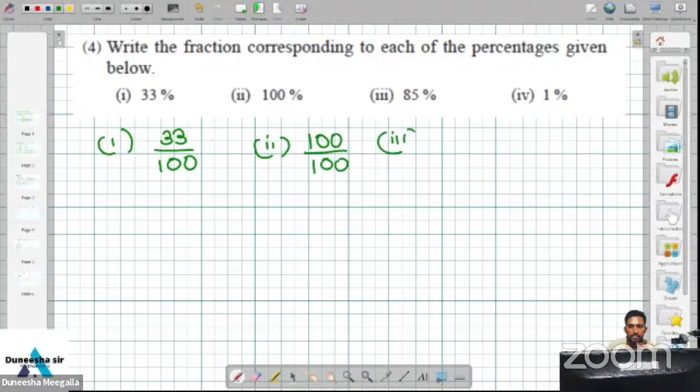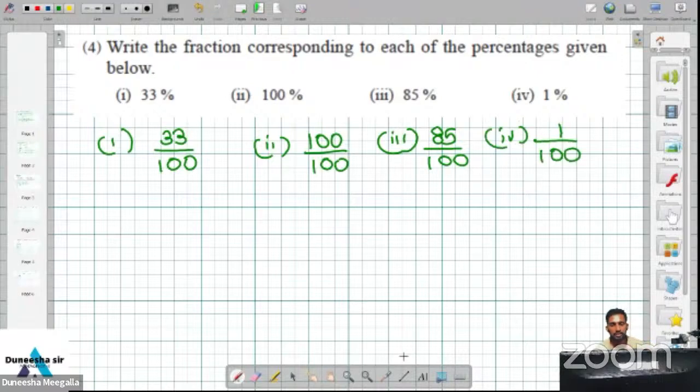Third one, 85%. 85 over 100. Yes, 85 over 100. Fourth one, 1 over 100. Okay, I think all your answers are correct. Okay, we're going to the next topic.